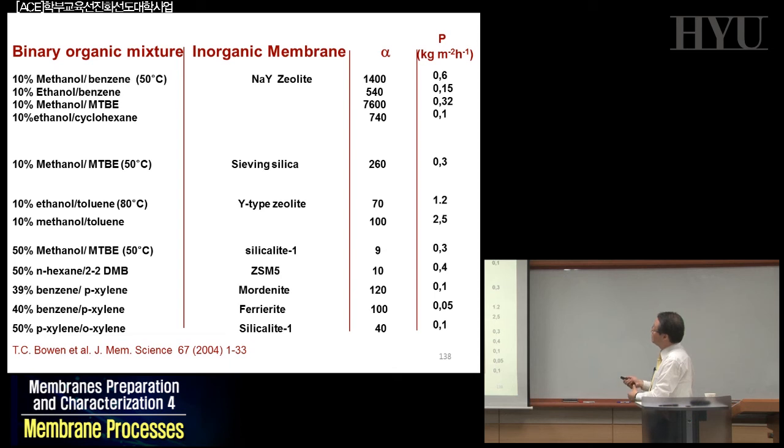For example, the NaA zeolite membrane has a very high separation factor for methanol and MTBE, and a relatively high flux. This is about 320 grams per square meter per hour with a very high separation factor with 10% methanol.